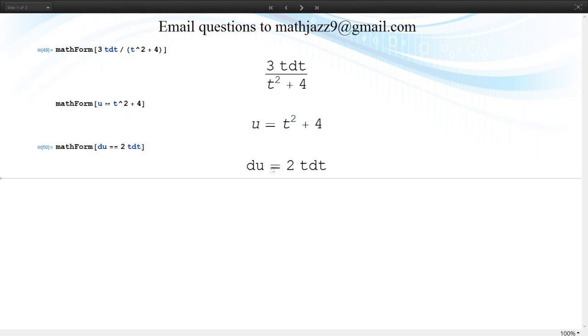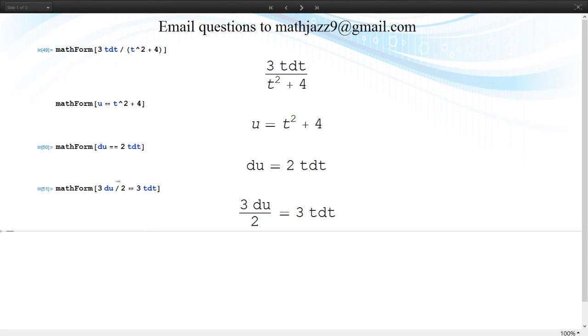We know that du equals 2t dt, but we need a 3t dt to balance the equation. So we can multiply by 3 halves on each side, and that will balance the equation. The 2's will cancel. I get 3t dt on one side and 3 halves du on the other.